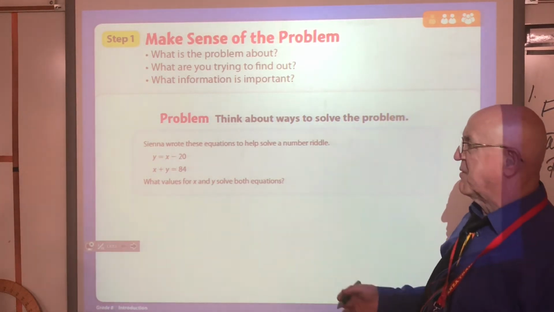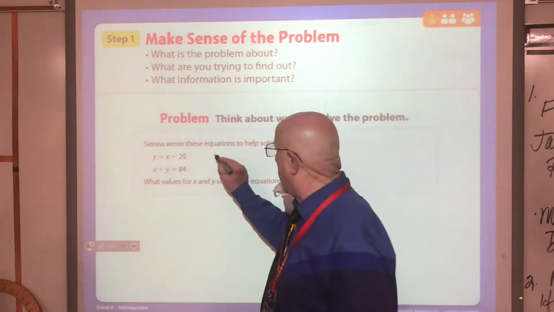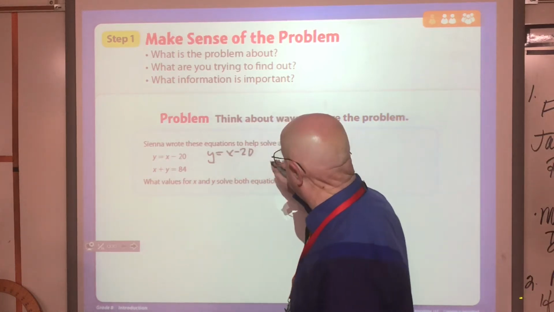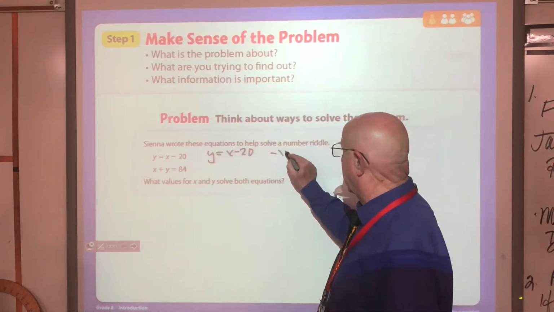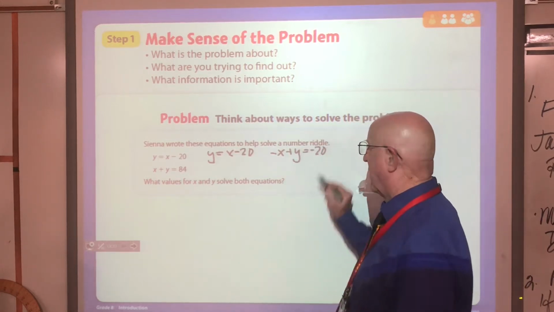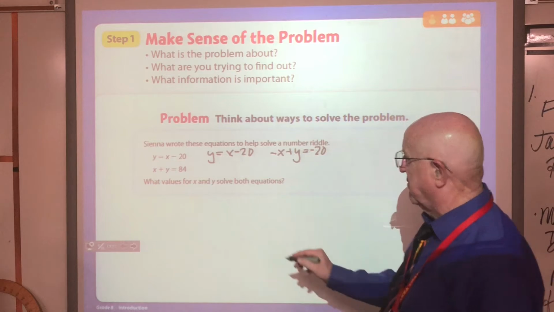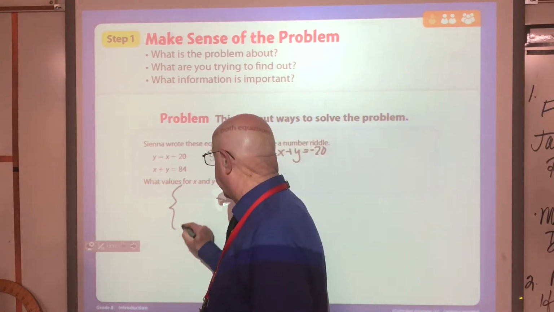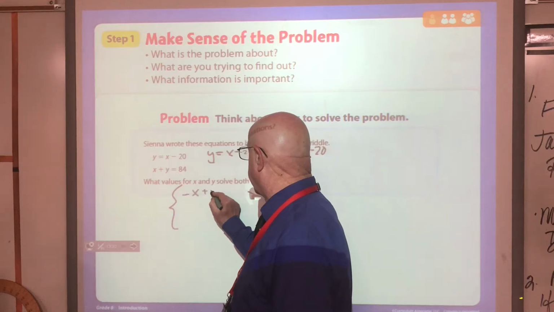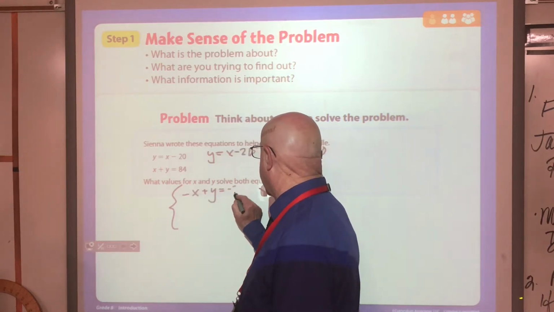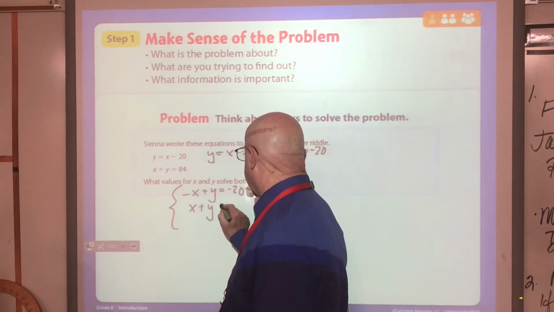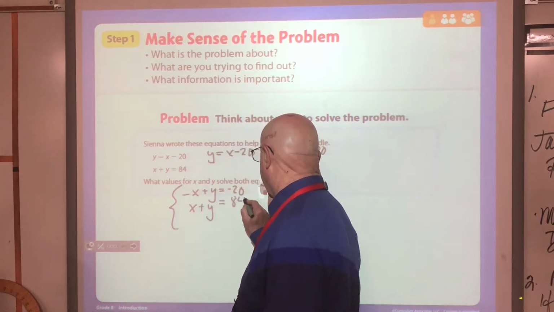So we need to get them in the same form. So I'm going to rewrite y equal x minus 20 as negative x plus y equal negative 20. All right, so that's going to give me a system. When I rewrite that, it's going to say negative x plus y equal negative 20 and x plus y equal 84.